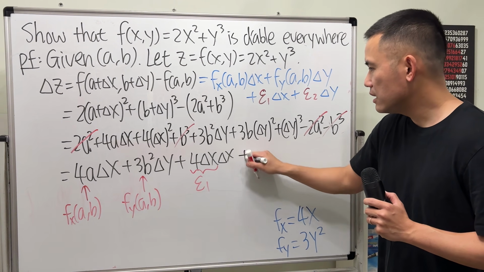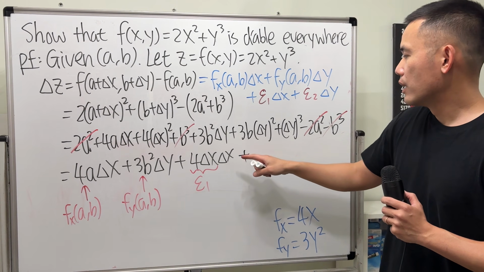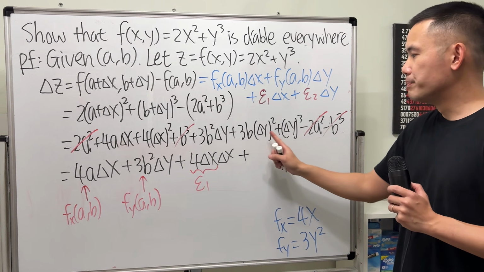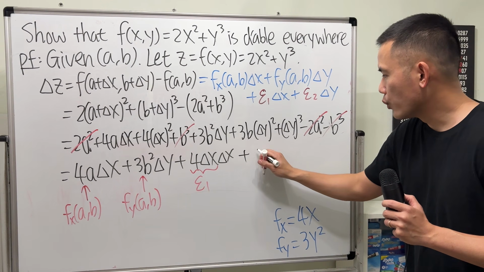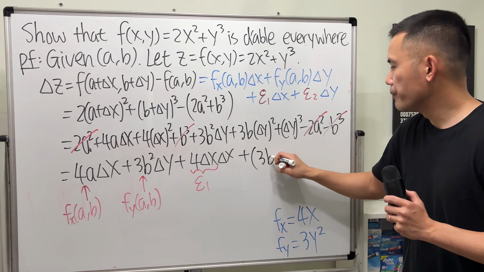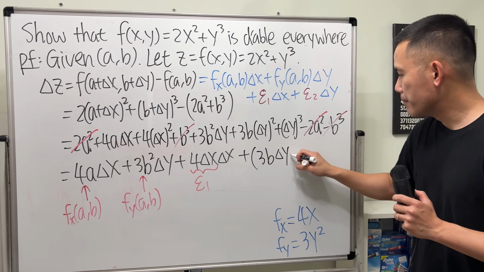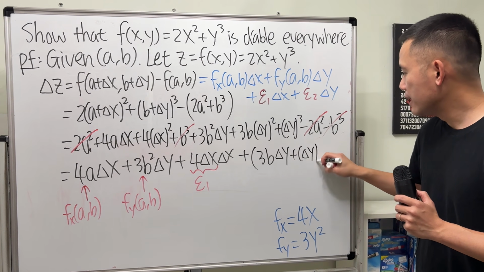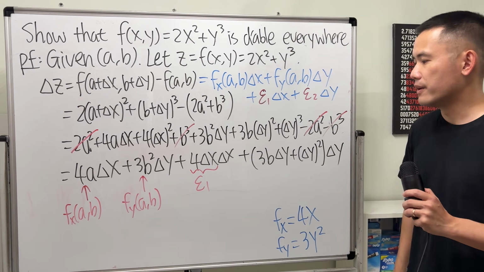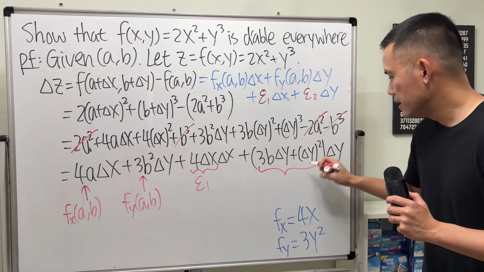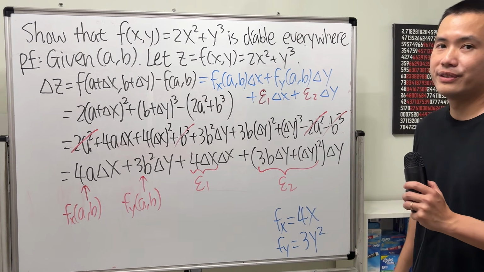And then lastly, we have this and that. Both of them have delta y, so I'm just going to factor that out. We see that we have 3b times delta y and then plus delta y squared, and then we have that delta y right here. And this is our epsilon 2.